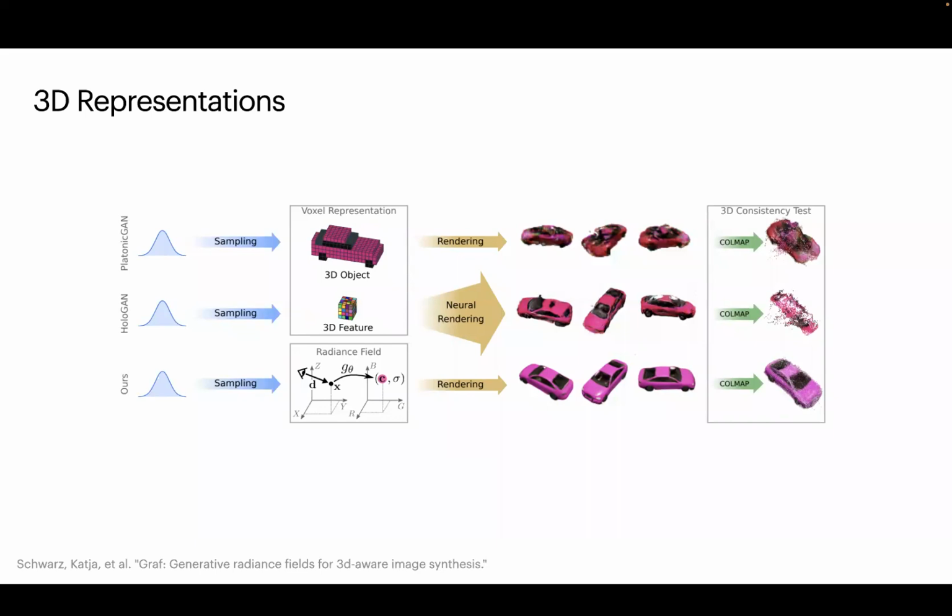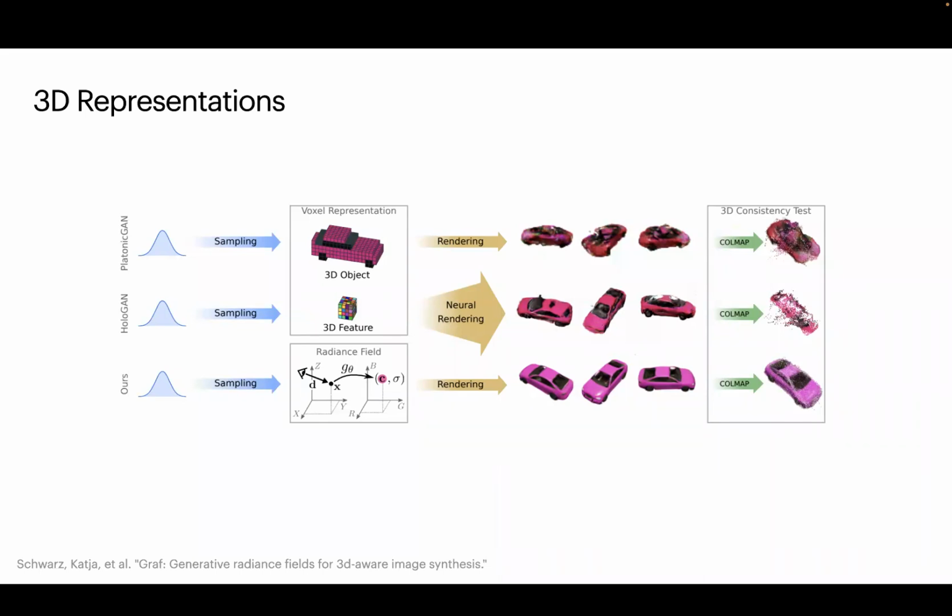If I understand correctly, they kind of sample in the photo side, and they create this sample with different poses. That's basically what I'm figuring out at this time. So HoloGAN and PlatonicGAN take the same voxel representation but in different approaches.